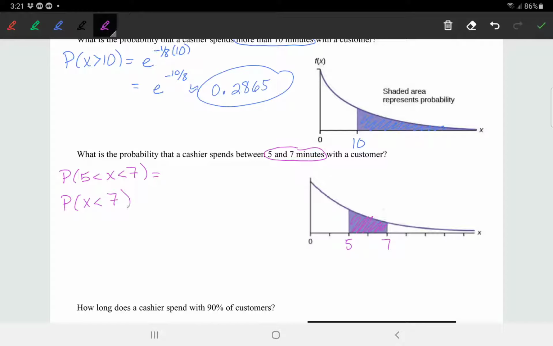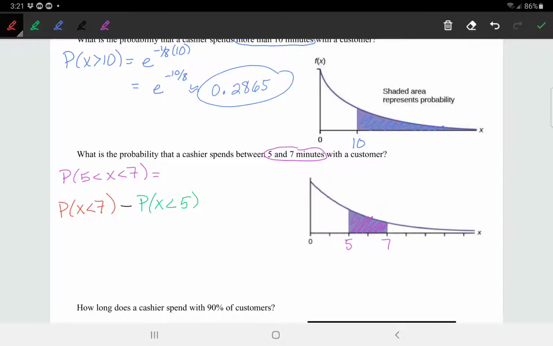We could calculate all of that probability and then subtract off the probability that x is less than 5, and the remainder would be this shaded area.